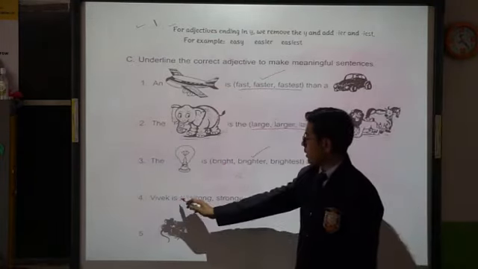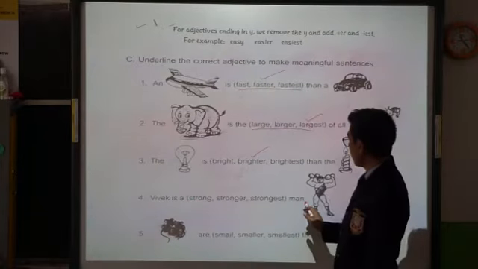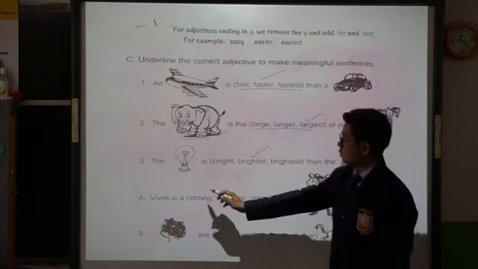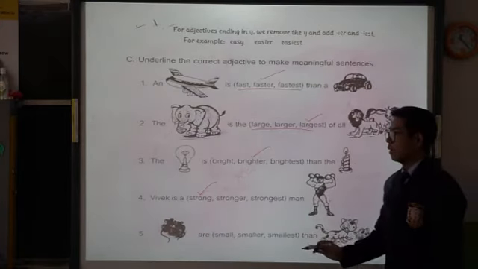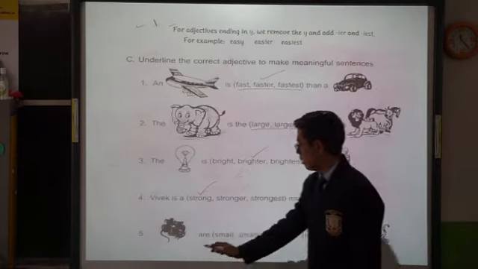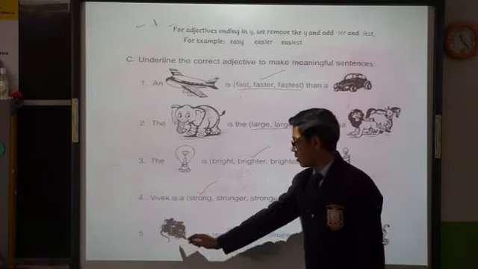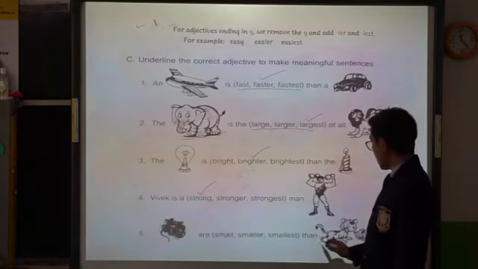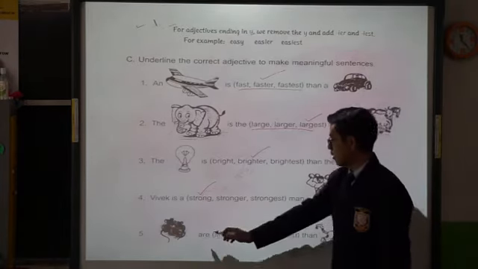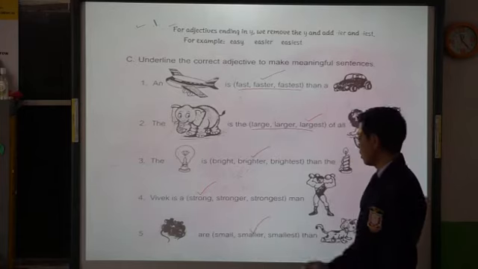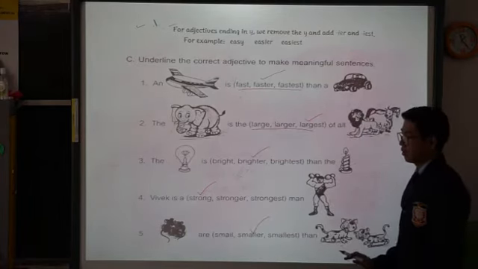And the last one, Vivek is dash man. Only one person is there, so we write strong. Vivek is a strong man. The last number, mice are dash than cats. So comparing two things, mice are smaller than cats.